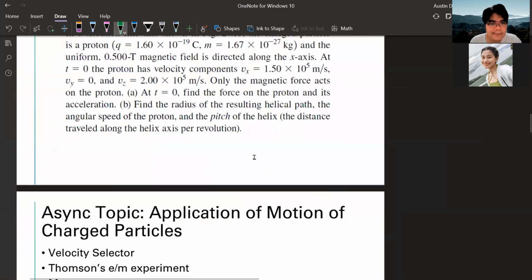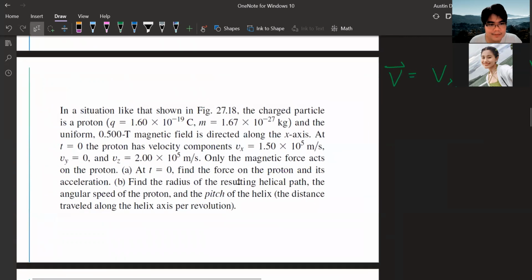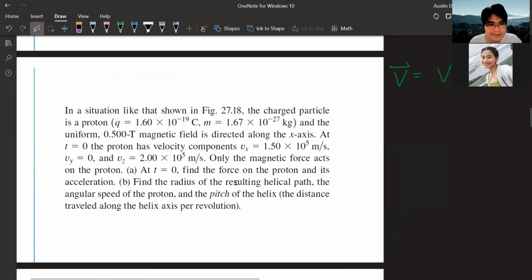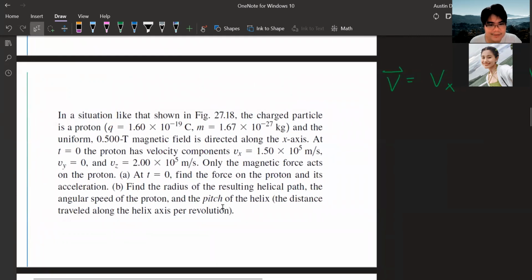And then only the magnetic force acts on the proton. At t equal to 0, find the force on the proton and its acceleration.